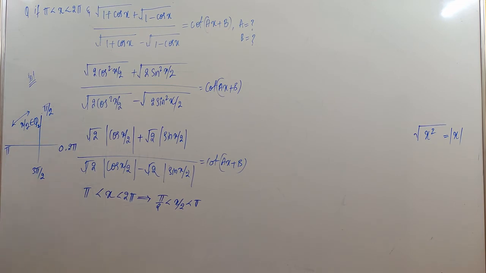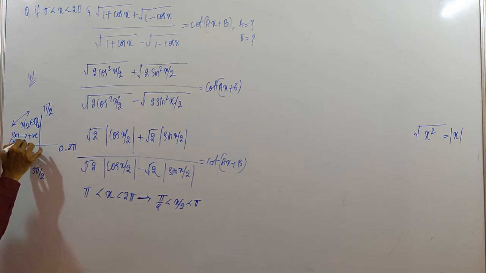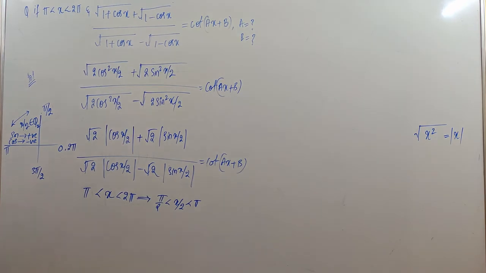In this quadrant, sine is positive and cos is negative. So the value of x by 2 belongs to the second quadrant, where sine is positive and cos is negative.